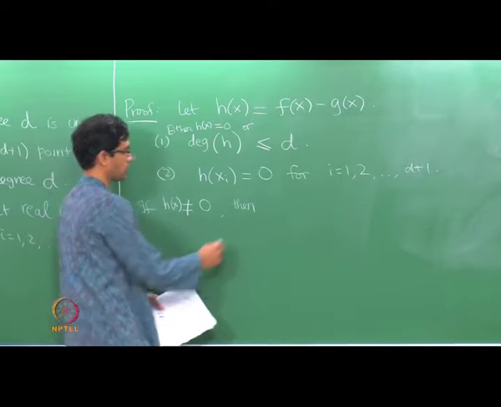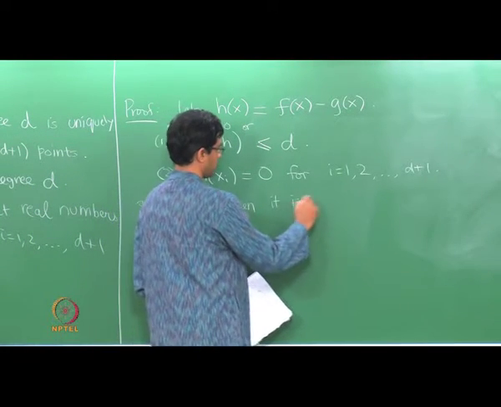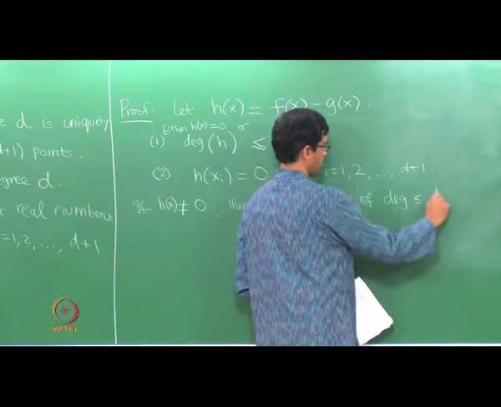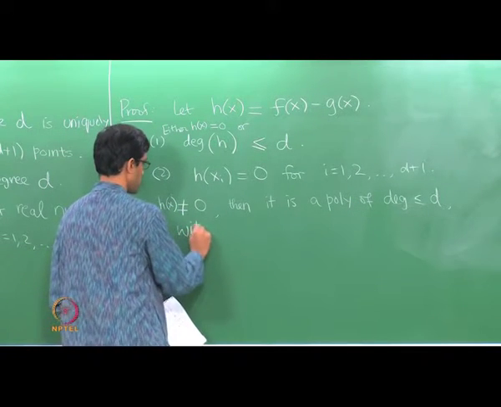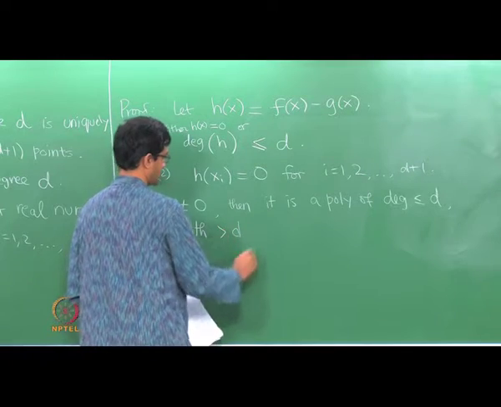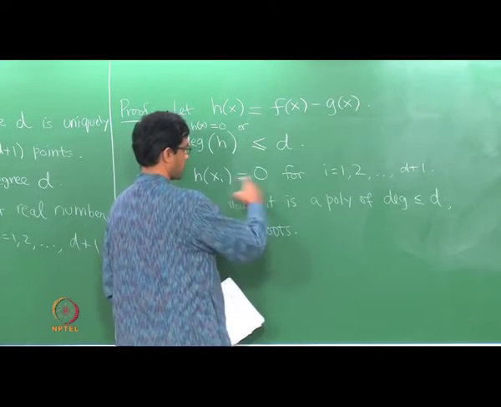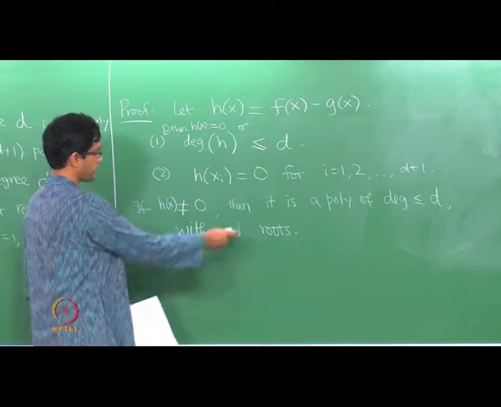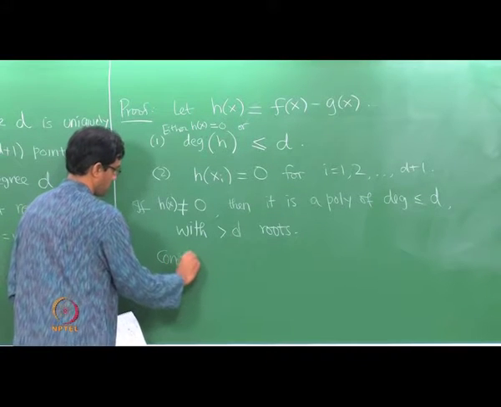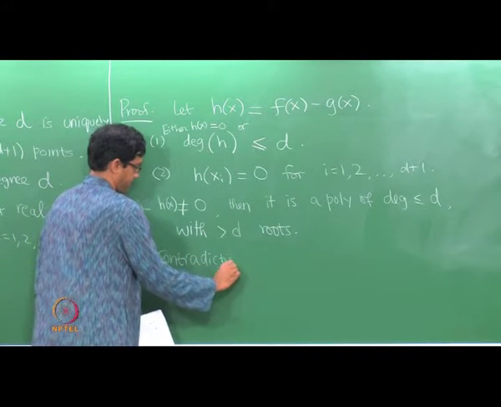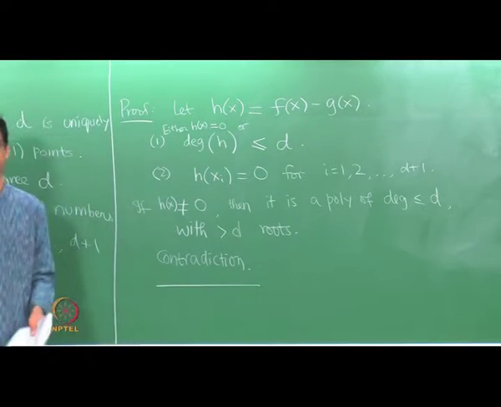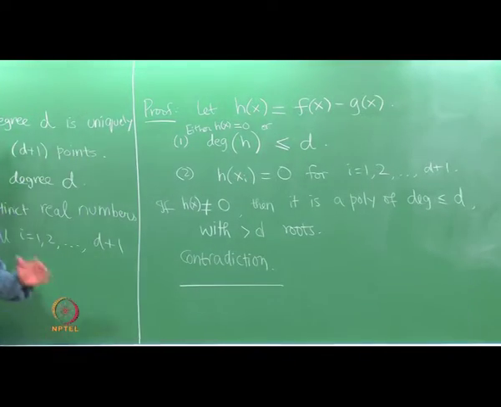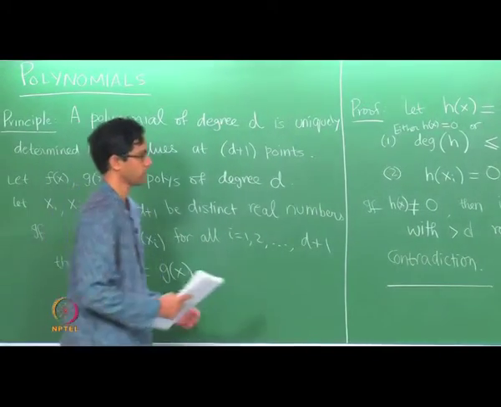So, if h of x is not 0, then it is a polynomial of degree at most d with more than d roots, in fact with at least d plus 1 roots, and it could potentially have even more than that. So, it is a polynomial of degree at most d with greater than d roots, and that contradicts something that we already saw. That is really the proof that a polynomial of degree d is determined once you know its values at d plus 1 points.